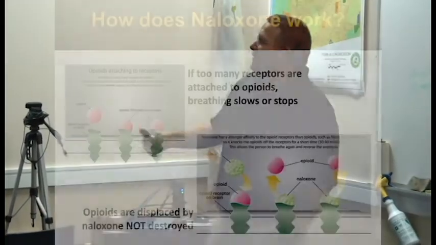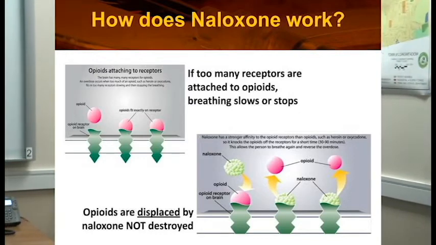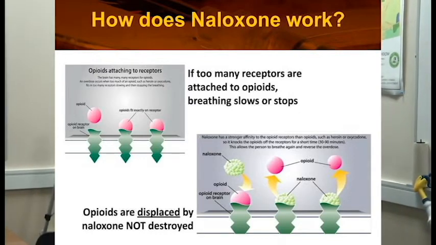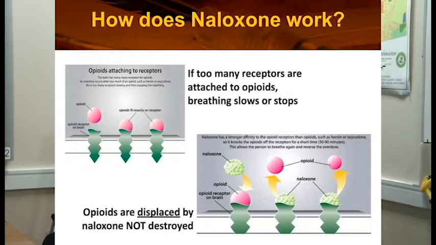So how does Narcan work? Essentially, skipping down a lot of A&P and really watering it down for you guys. As a medic, we had to learn a lot of it. Some of it's kind of cool, but to simplify it, essentially, your central nervous system, which controls your level of responsiveness, your breathing status, your heart rate, everything that really is the power, has receptors in your brain.